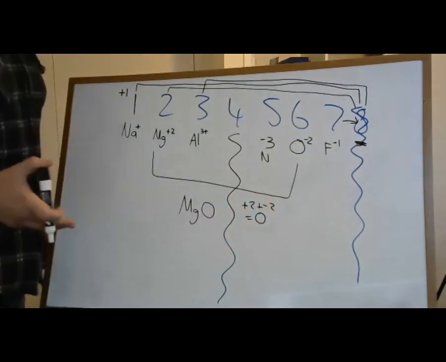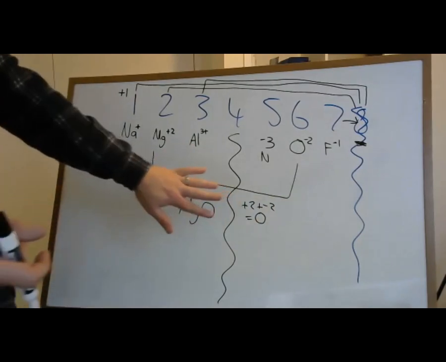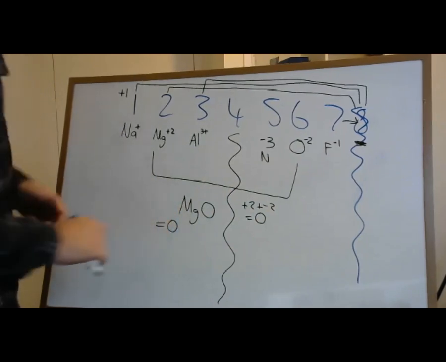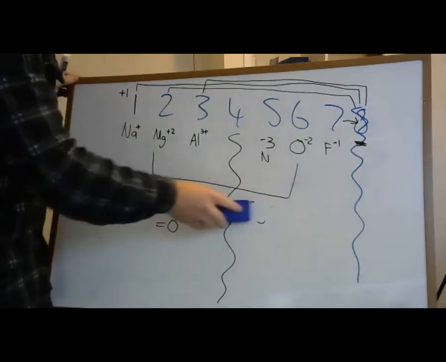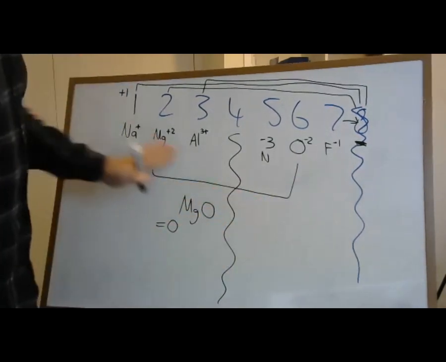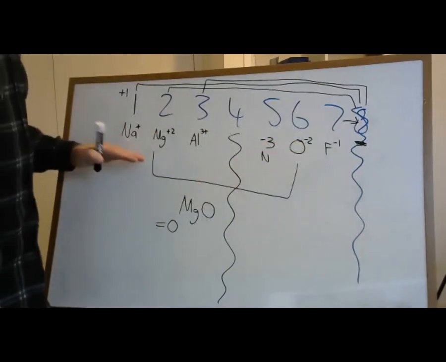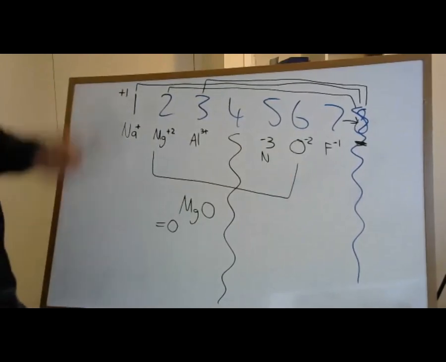So back to grade 7, 8, positive and negative integers. It has to equal 0. That's something to go through later on in the seminar series. But you can see now why things bond together. This is one kind of bonding between metals and non-metals, but we can go through the others later on.